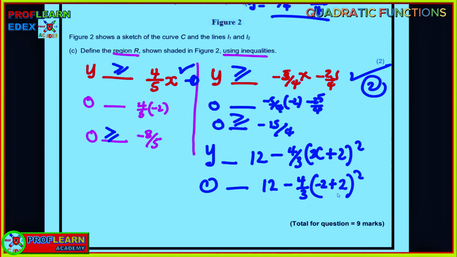Then all of this term will be 0, and then we shall have 0 dash 12. So we can say 0 is less than or equal to 12. So meaning the inequality in that case is going to be what?